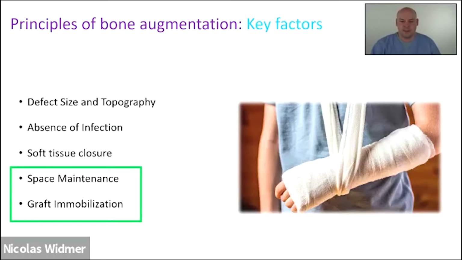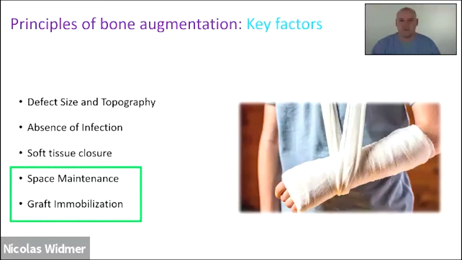So when we think about bone augmentation, what are the key factors? What does it depend on, when can we expect success and when do we risk failures? It's dependent on the defect size and topography.